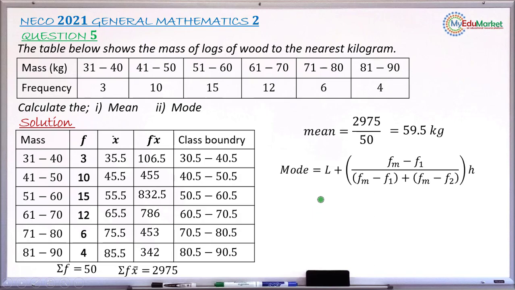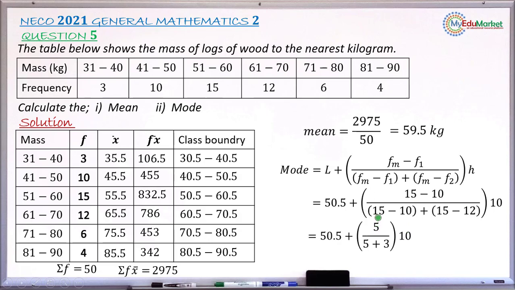Substituting correctly, L is 50.5 plus, inside the bracket, Fm which is 15 minus F1 which is 10, all over 15 minus 10 plus 15 minus 12, close the bracket, and the bracket multiplied by H, which is 10. So simplify what is in the inner bracket. 15 minus 10 gives 5, and 15 minus 12 gives 3.